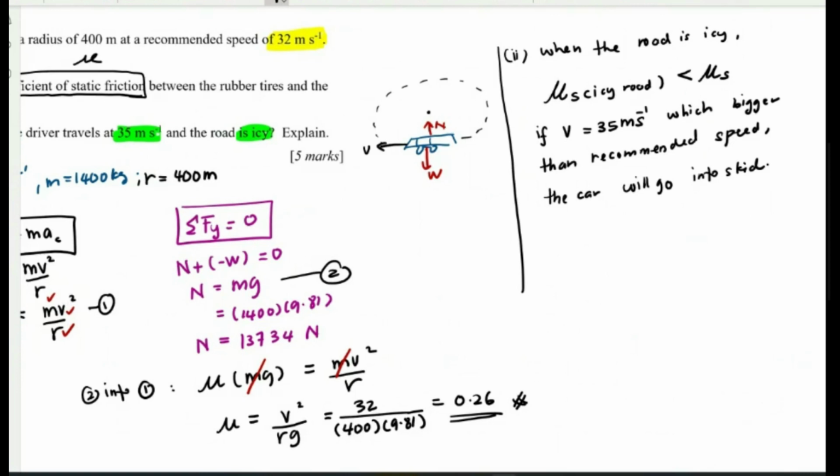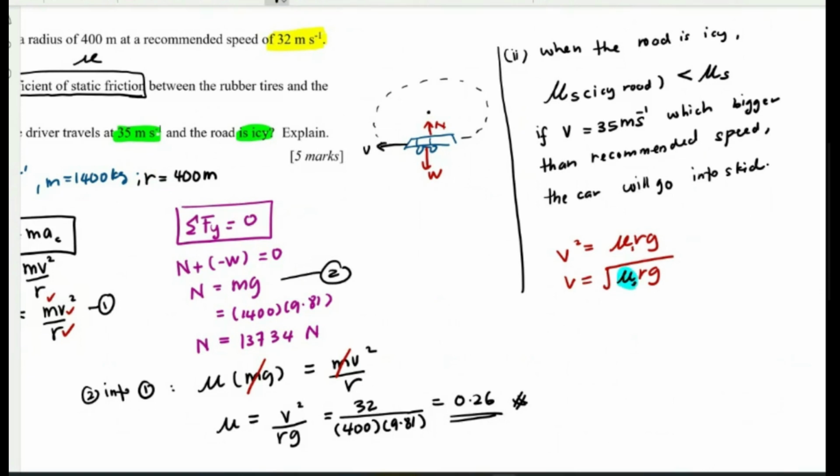Sebabnya V tu kalau kita tengok daripada equation, V squared equal to mu rg. Kan? So V is equal to square root mu rg. Sepatutnya bila jalan licin, mu ini akan jadi kecil. Okay?